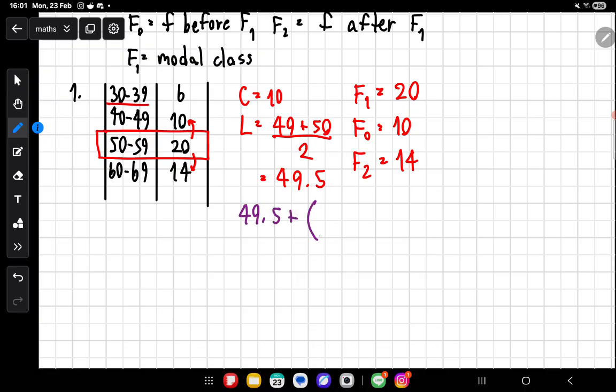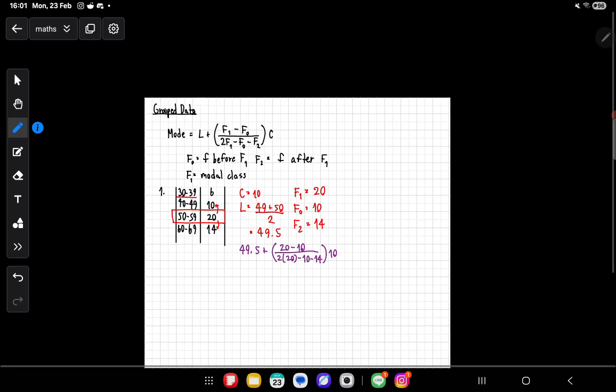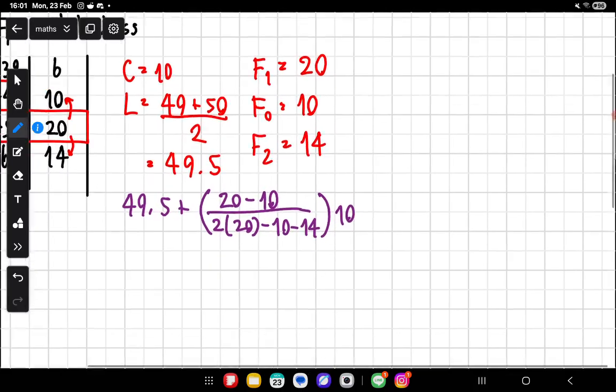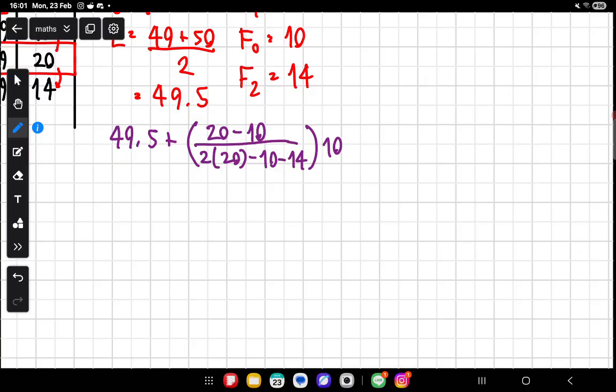49.5 plus 20 minus 10 over 2 times 20 minus 10 minus 14 times 10. And that is exactly like the formula that we wrote just earlier. So start simplifying this to 49.5 plus 10 over 16 times 10.